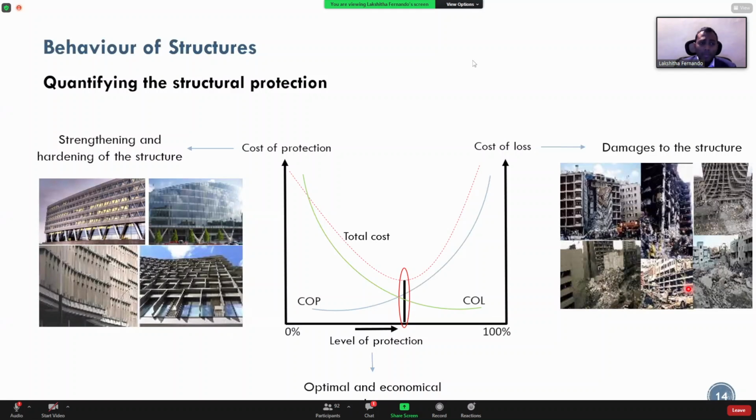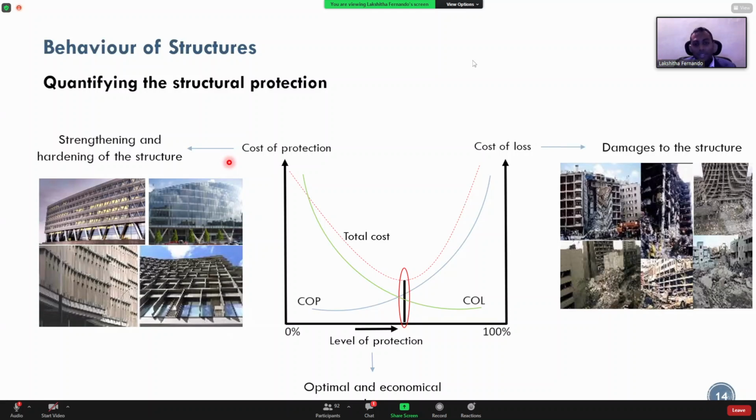Another key thing in terms of designing structures is how much structural protection we should offer a structure. Because there are two things about blast that make this idea of protecting structures very difficult for us. One is blasts are unpredictable. It's not like designing for static loads where we know the expected loads.